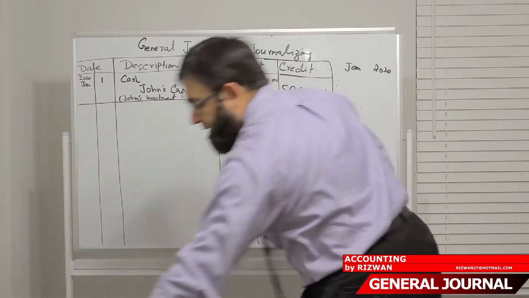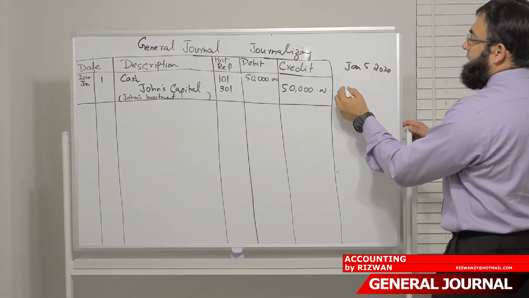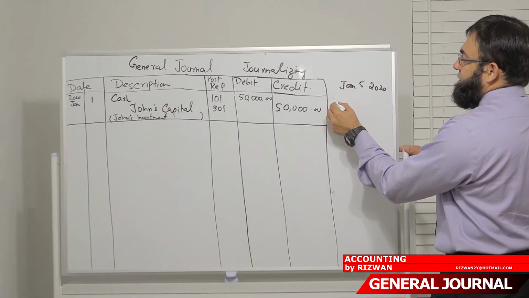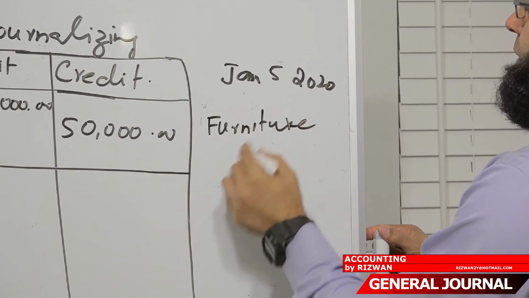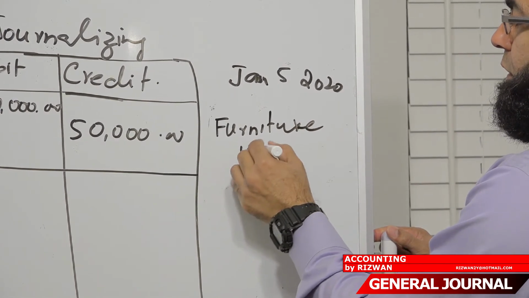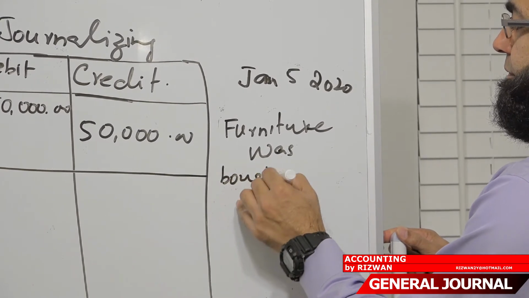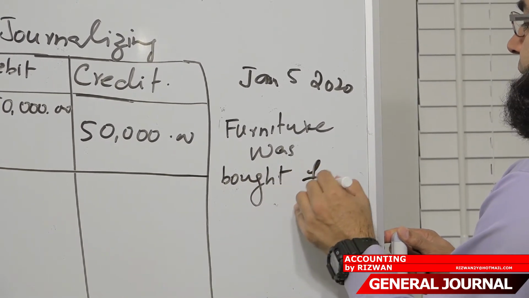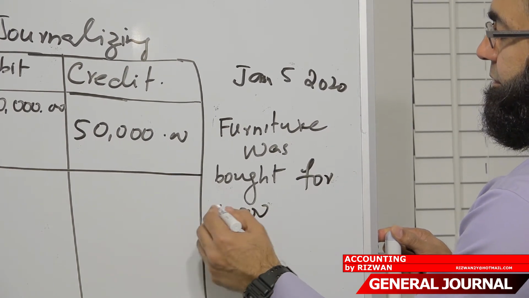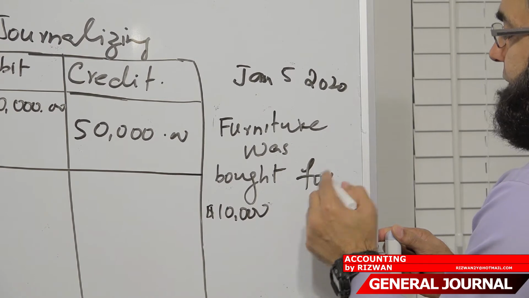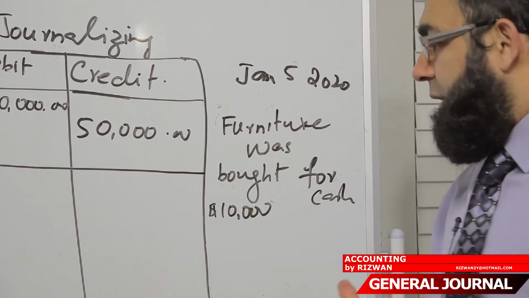Basically, what happened here is that furniture was purchased for cash, for $10,000. I'm just giving an example over here. Furniture was bought for $10,000, right?